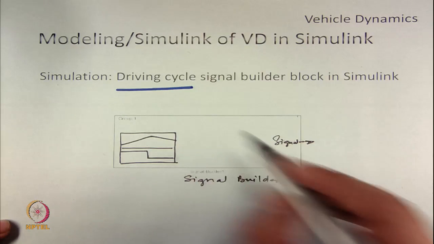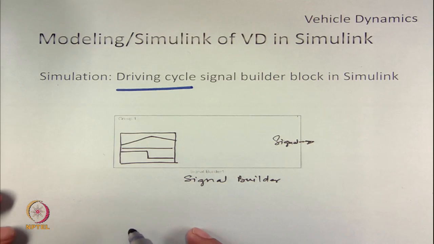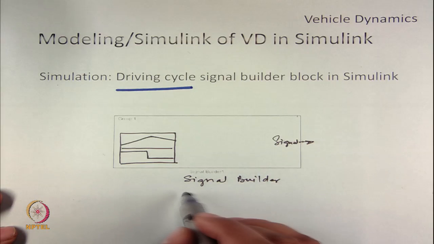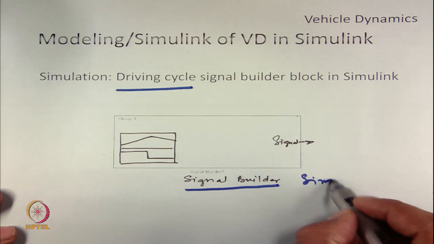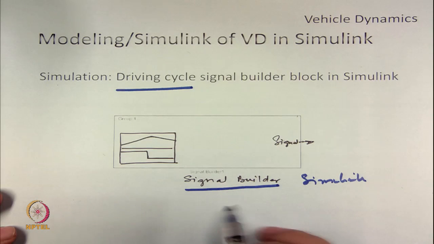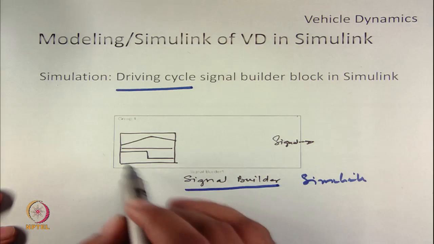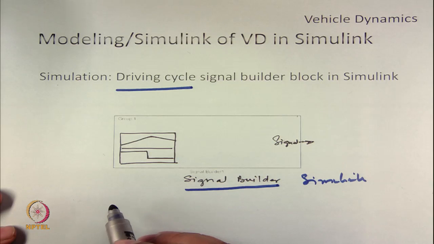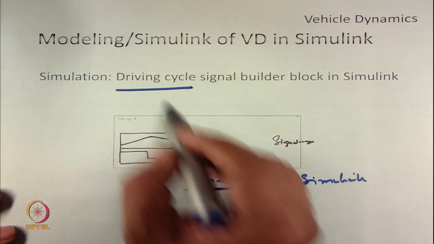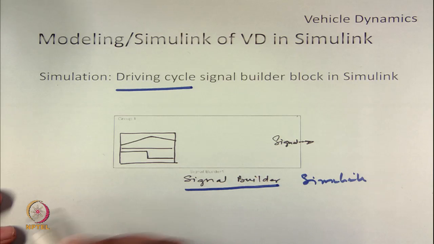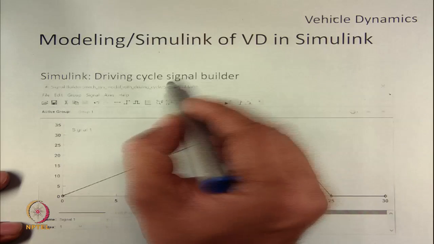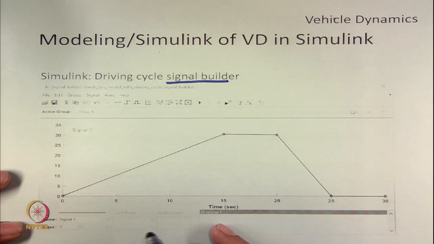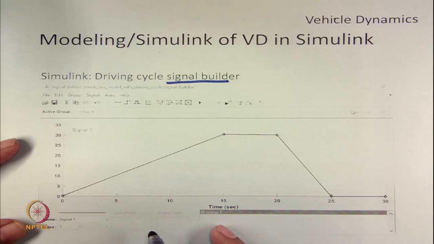So, there is basically a block known as signal builder in Simulink, which is a very useful block, and it can be used to generate any kind of driving cycle profile of velocity versus time. This block is the signal builder, which can be seen here.